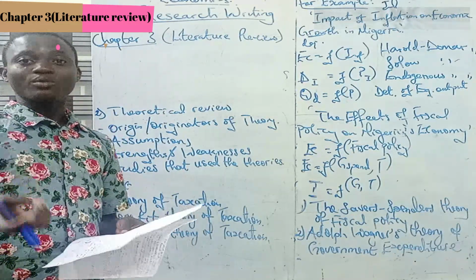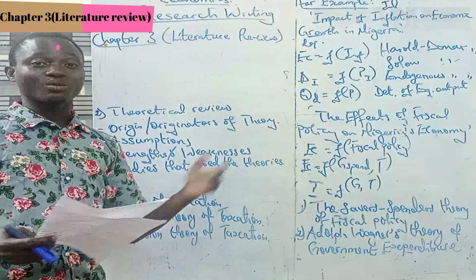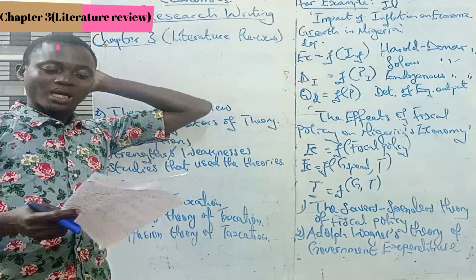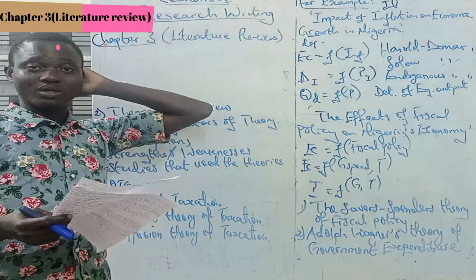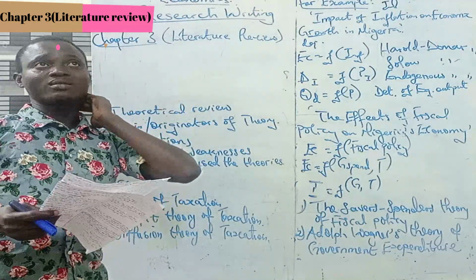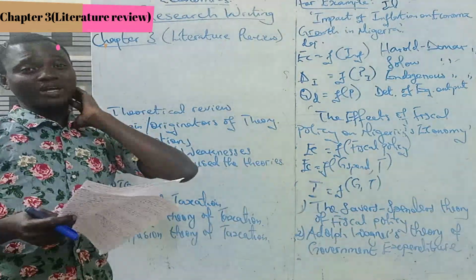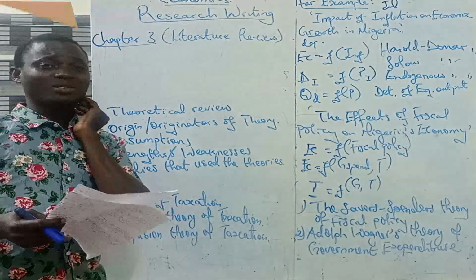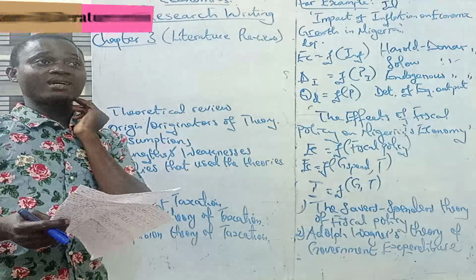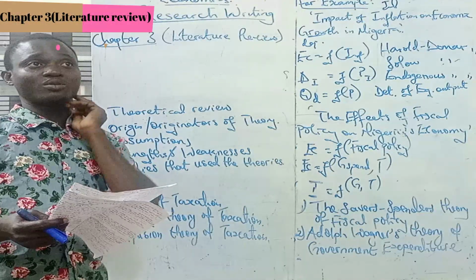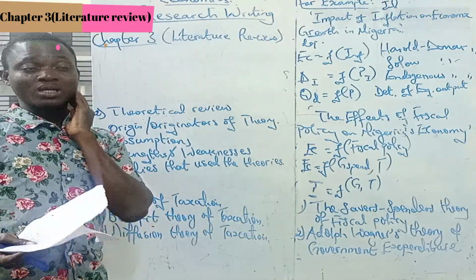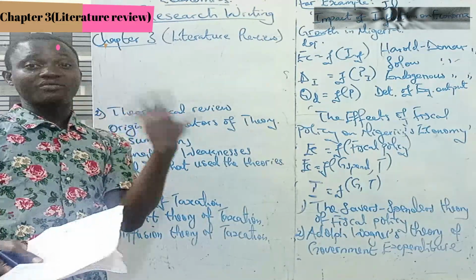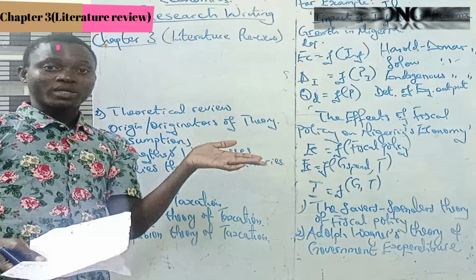Those are examples of two inflation theories that are not supposed to be in this particular book based on your topic. And sometimes when you go through some journals, you may not be able to find theories. You should find theories ordinarily, but there are times that you may not be able to find so many. Let's say after everything you're only able to find maybe three theories. You write them and then you go online to look for a fourth theory, or maybe a fourth and a fifth theory, and then discuss them in your research.